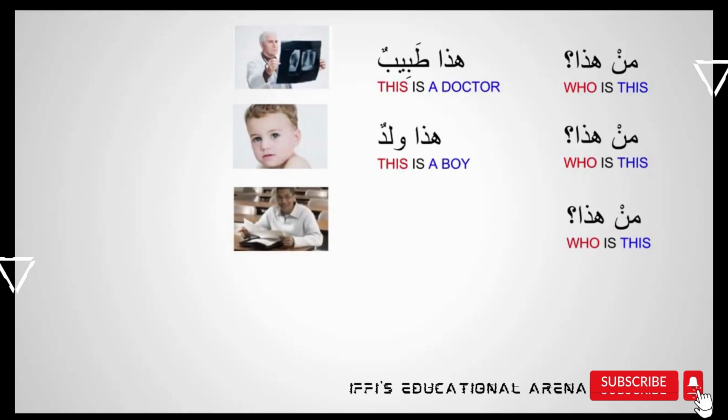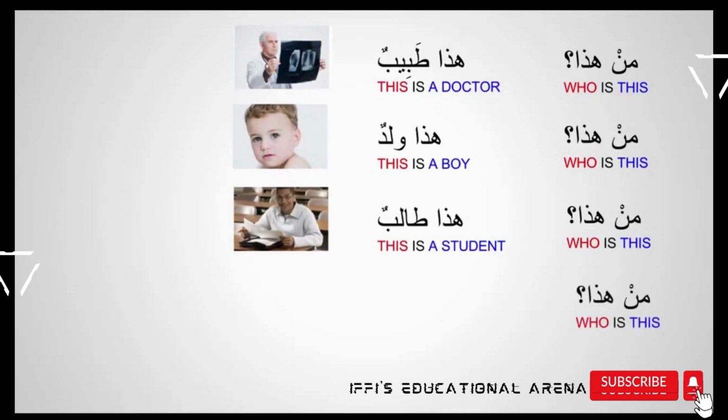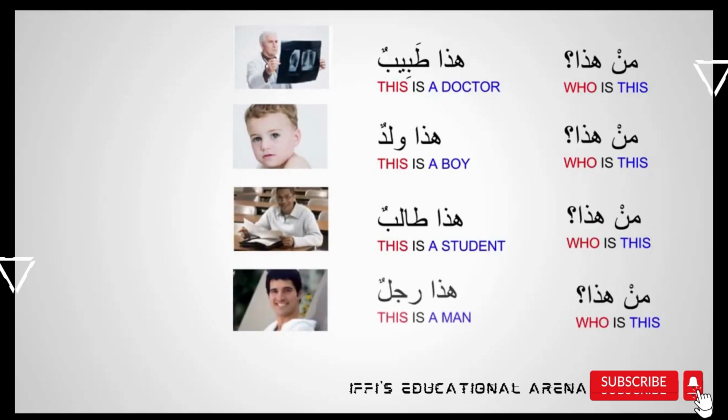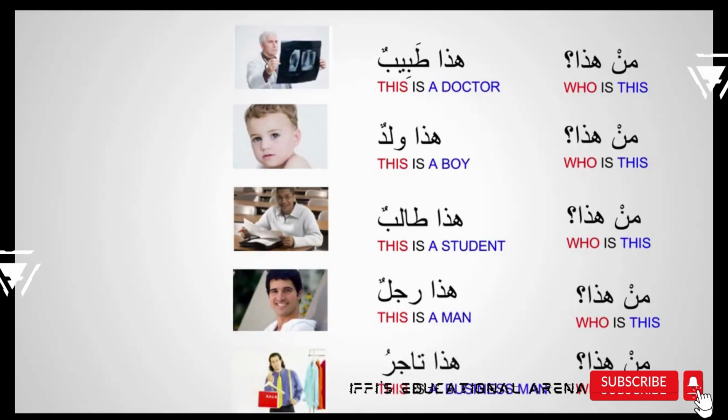Man hadha, hadha talibun, this is a student. Man hadha, hadha rajulun, this is a man. So man hadha, hadha tajirun. So this is how we use man. Very easy, very simple, so you don't have to practice a lot.